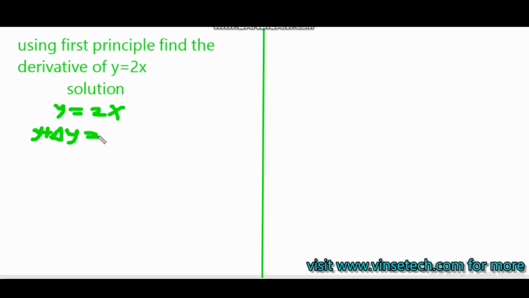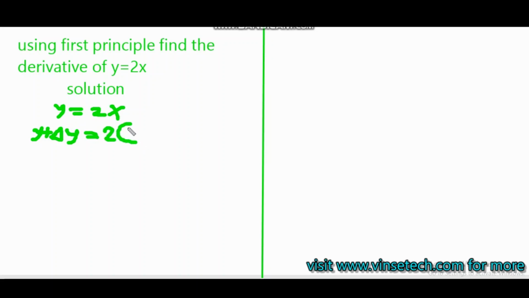is equal to, you are adding the delta x to the x variable. On the right hand side, we are going to write it in this form: 2 open bracket.